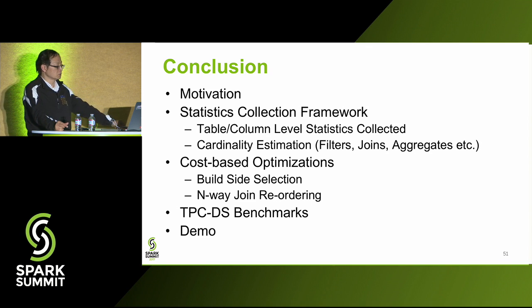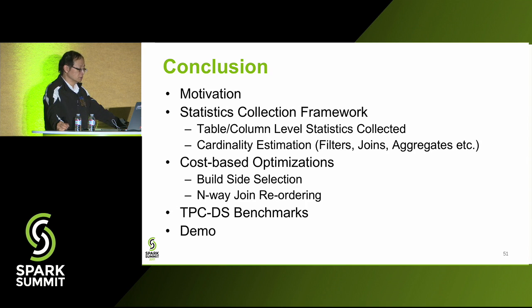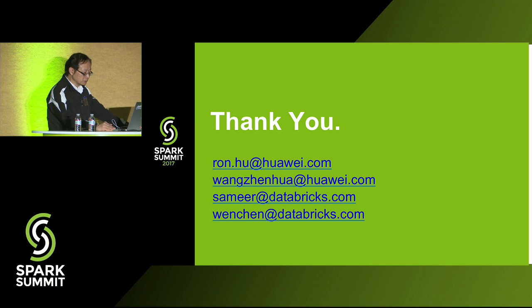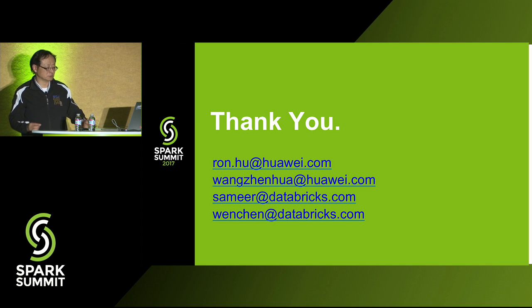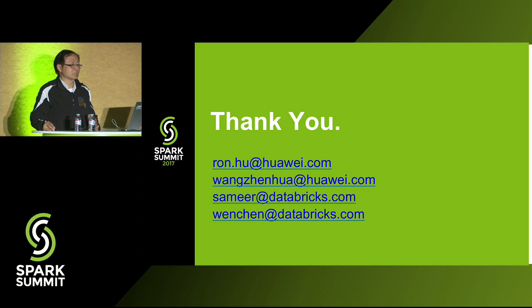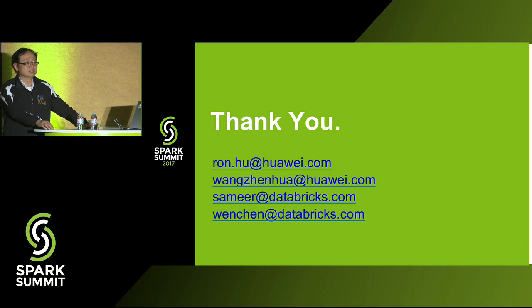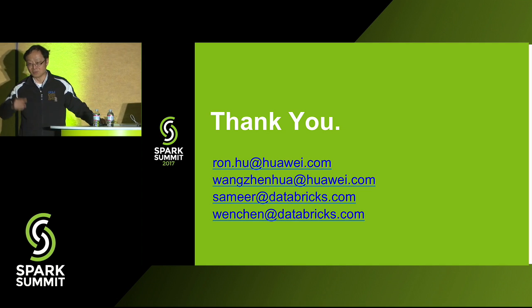In terms of cost-based optimization, we showed you how we do build side selection, how we decide whether or not to use broadcast join, and the way we perform n-way join reordering. We also shared the TPC-DS benchmark. With all of this, our message is that we encourage everyone to play with CBO in the coming Apache Spark 2.2. This is the end of our talk, and we welcome any feedback or questions.